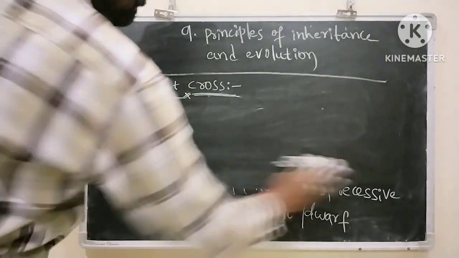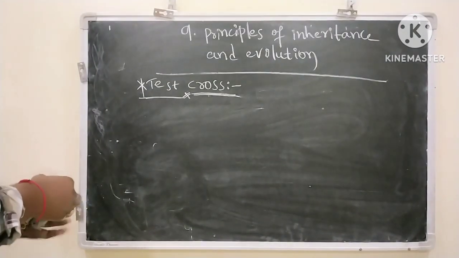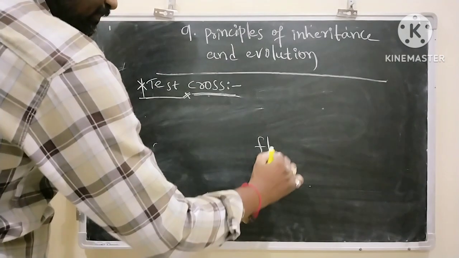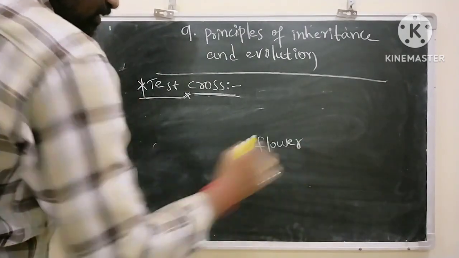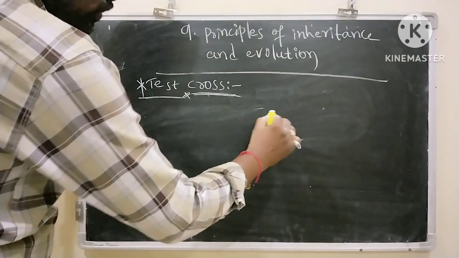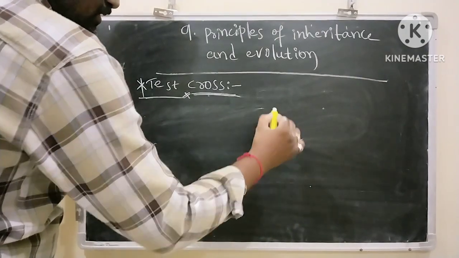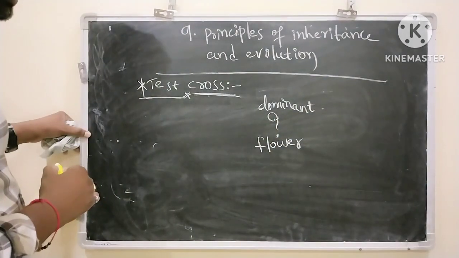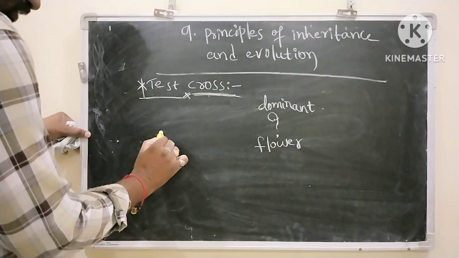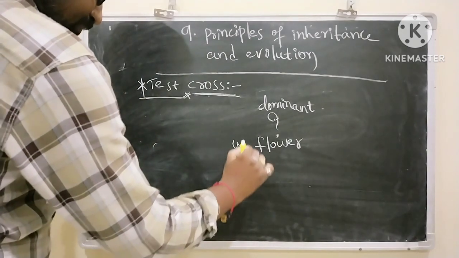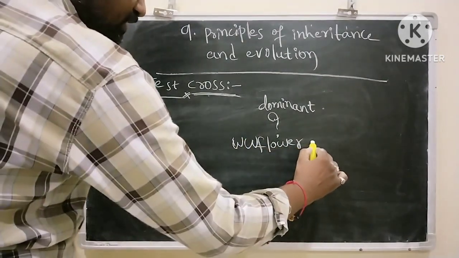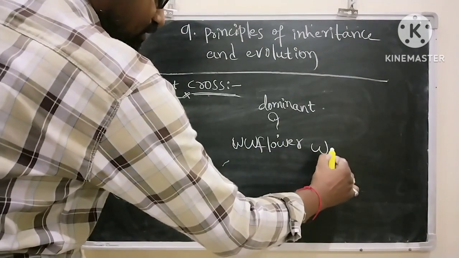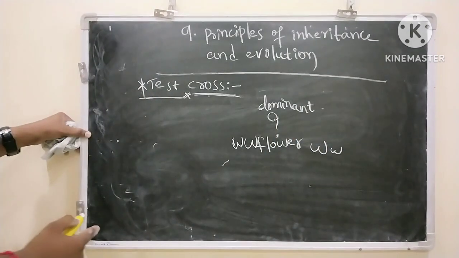Next, how he did this: for example, this is a flower whose color is unknown, meaning the flower color is dominant, but whether it is violet because of this one or that one.